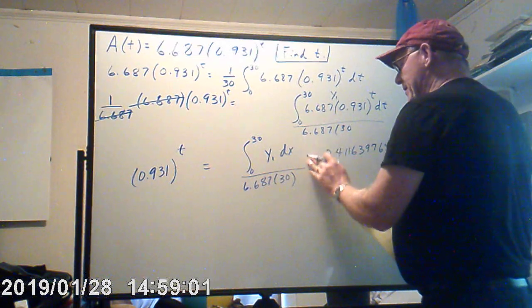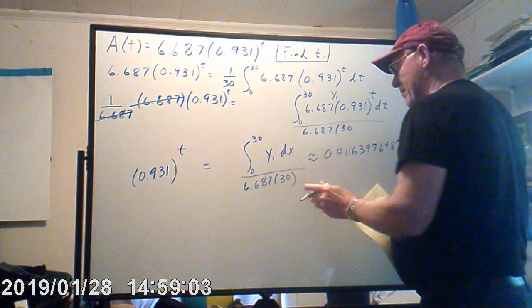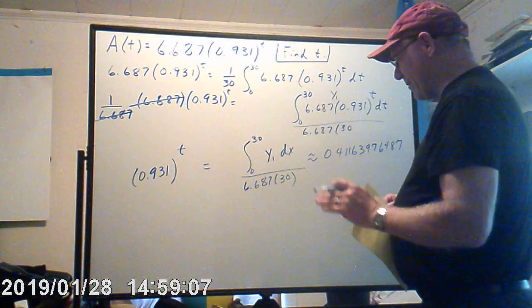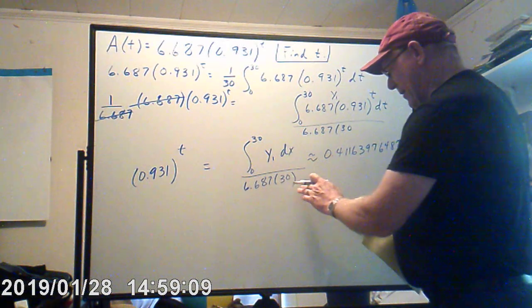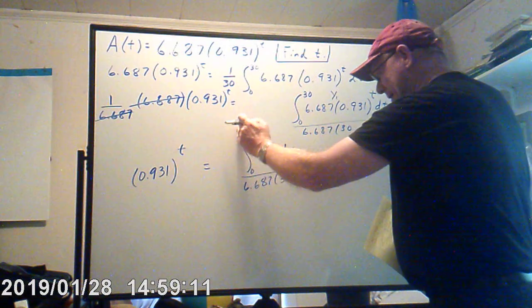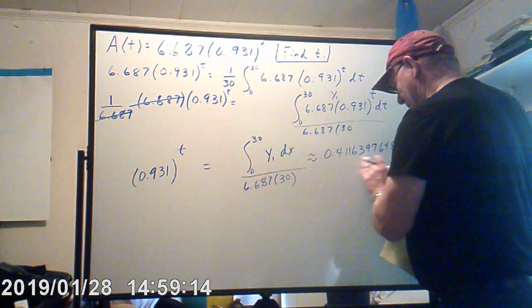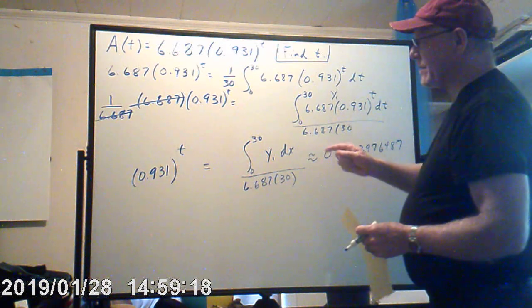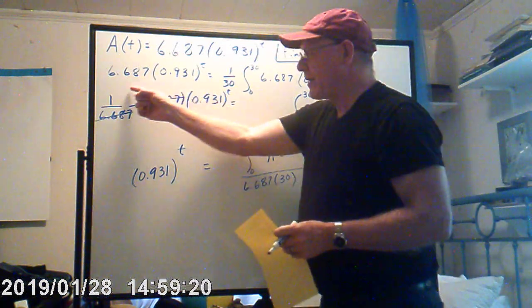So you really need to say it's approximately equal to that, because it just goes on and on. So I know that this right side is this number here. Just understand how to do that. Now this is what I did here.